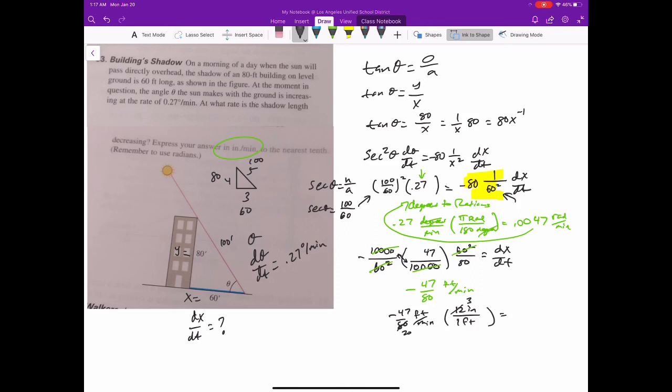So 3 times 47 is 141, negative 141 over 20 inches per minute. And this gives you approximately negative 7.065 inches per minute. And that's it. There we go.